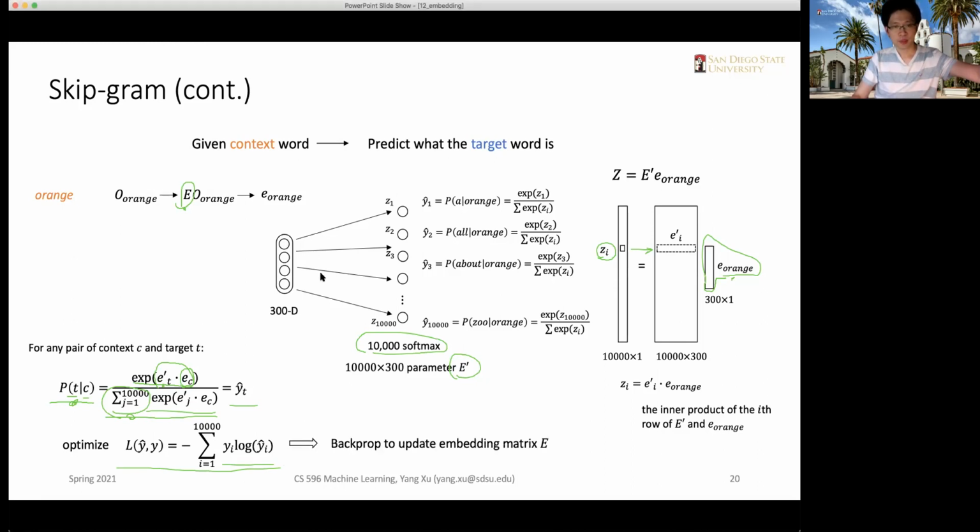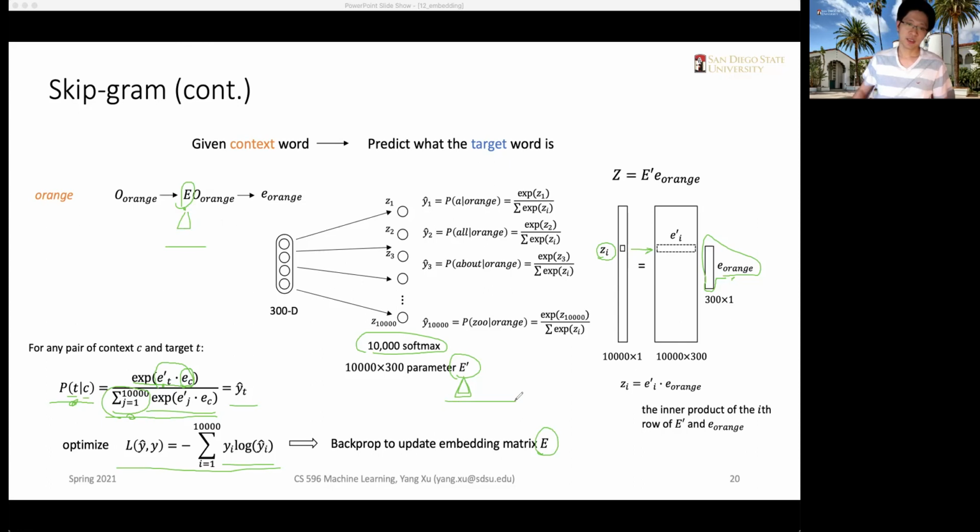This loss will be used to compute the gradients that are used to update the embedding matrices E. There is some interesting discussion around which of the two matrices is more useful, because while E is being trained, E prime is also being trained. We call these the context matrix and the target matrix.